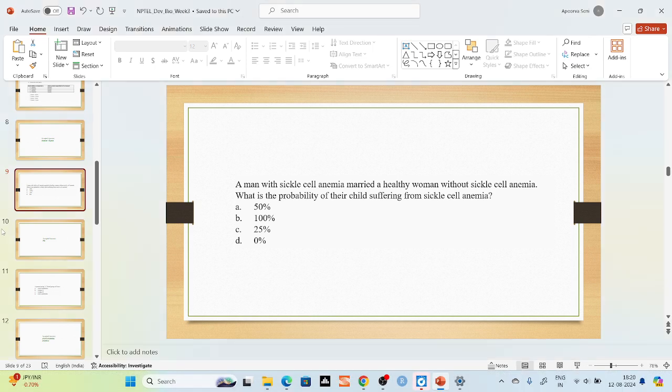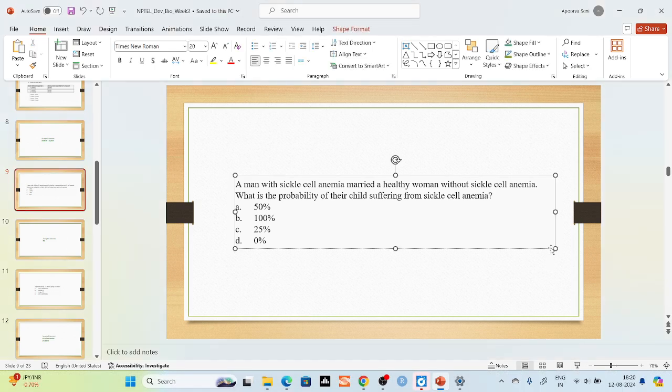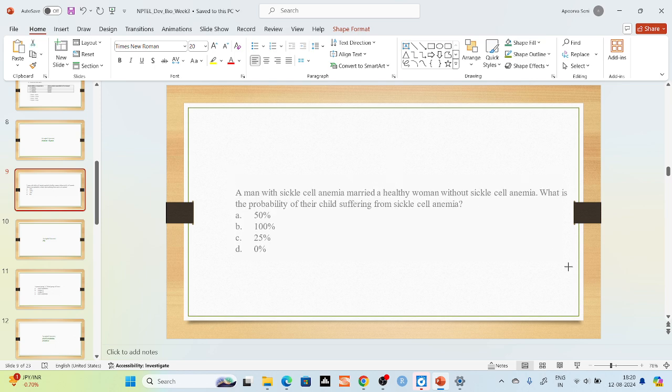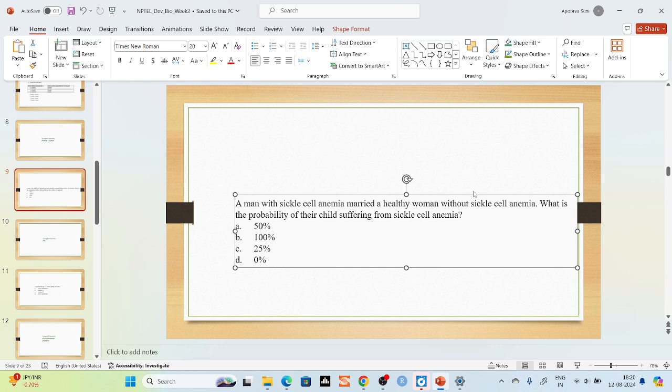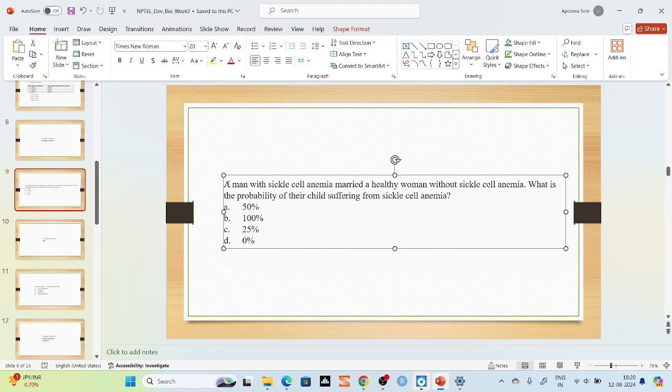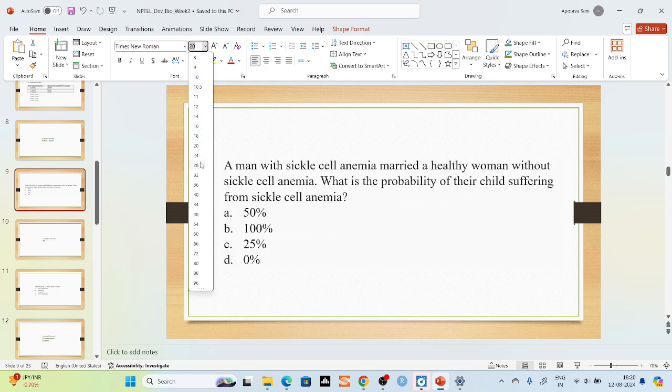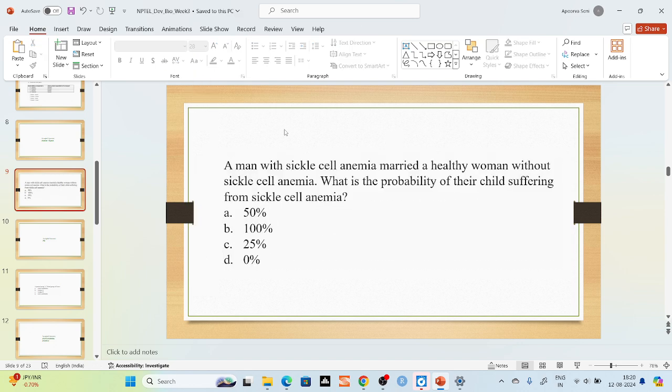I hope it is visible enough. It's 6:20 right now. At 6:25, I'll switch the screen. 5 minutes is more than enough for this question. Try to solve it.